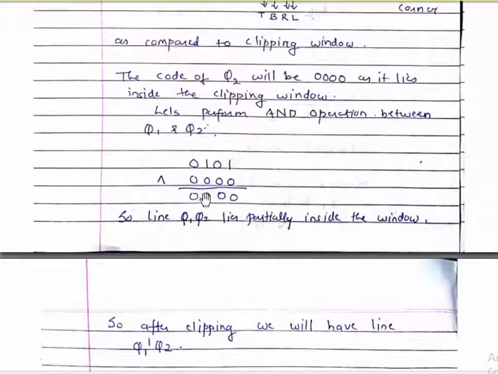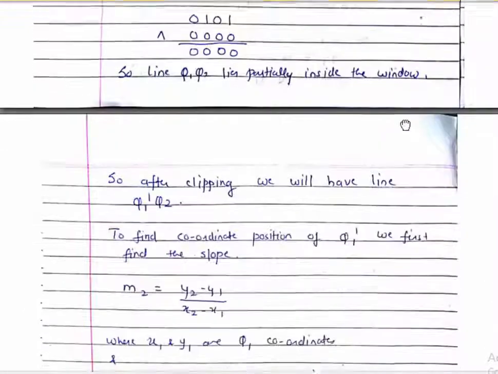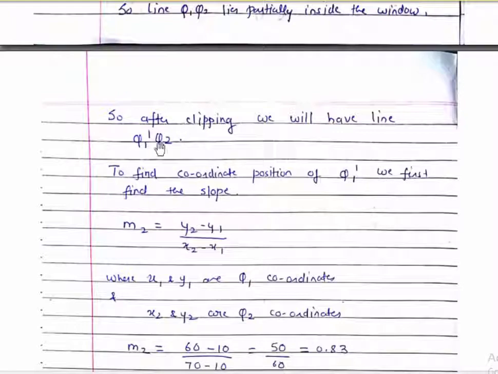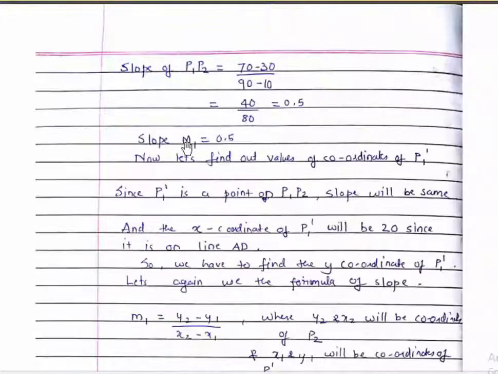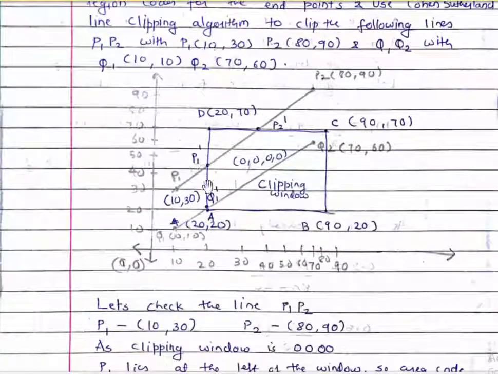Over here we have performed the AND operation. We get 0000. So the line Q1, Q2 lies partially inside the window. Now after clipping, we'll have line Q1 dash and Q2. Let's look at it. After clipping, what is going to be left is Q1 dash and Q2.